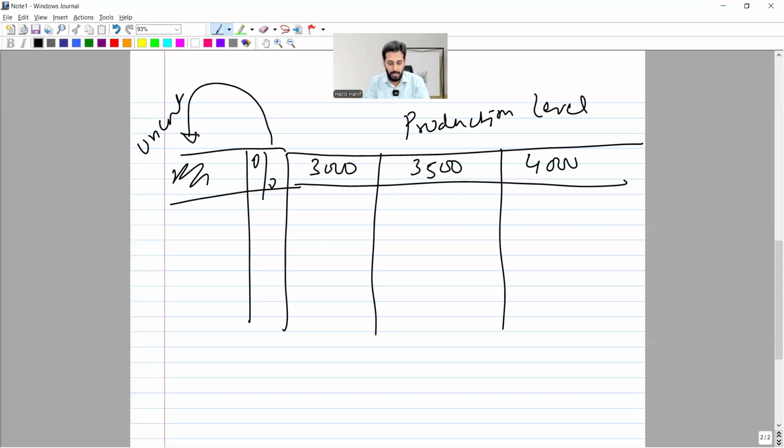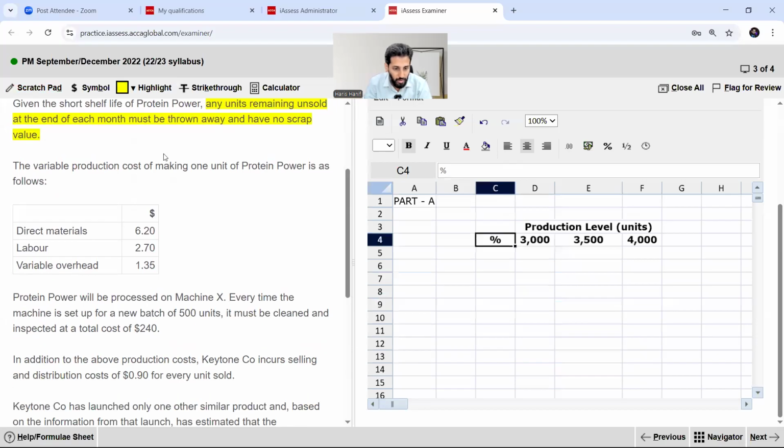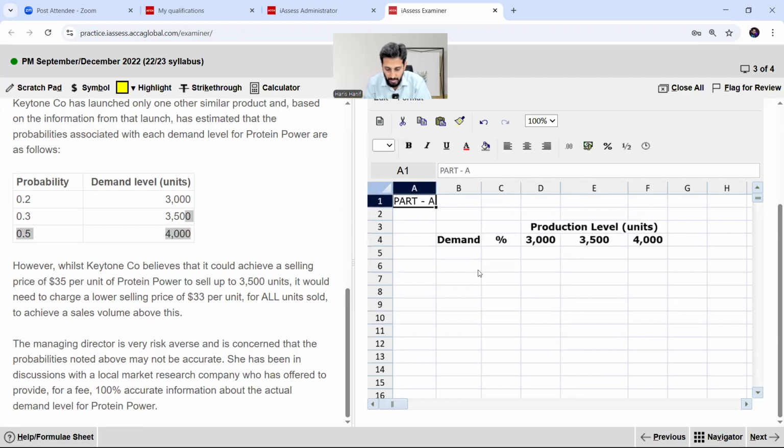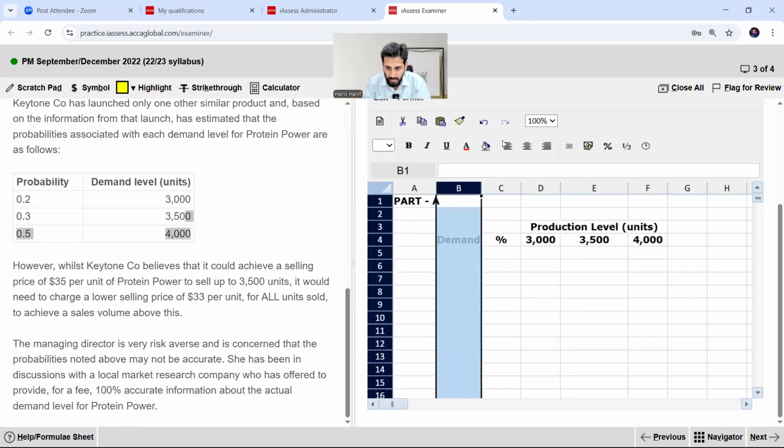Now, the probability is being applied to the demand level, 3,000, 3,500 and 4,000. So it is demand.